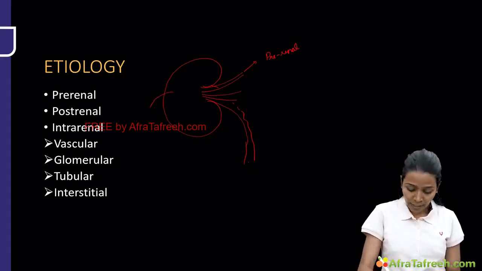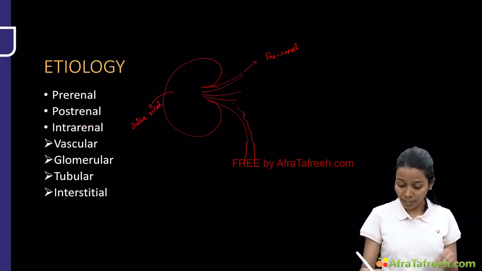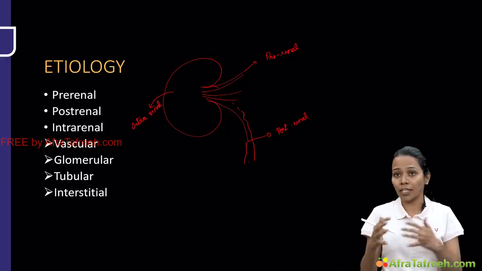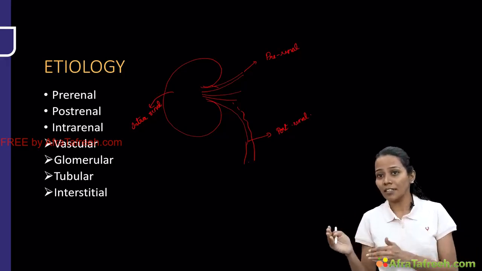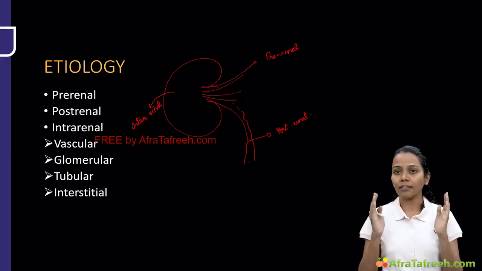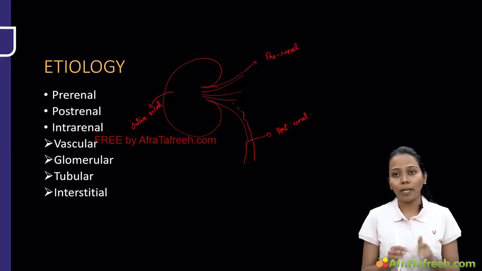Intrarenal is when the cause of acute kidney injury comes inside the kidney. And post-renal is when it happens outside, after the urine leaves the kidney, in the collecting duct system, which might be the collecting duct, pelvis, or in the urinary tract, which involves the pelvis or the ureter or the bladder, okay.